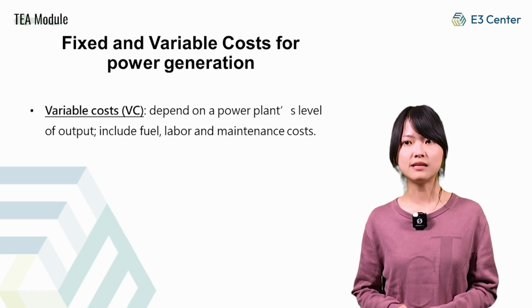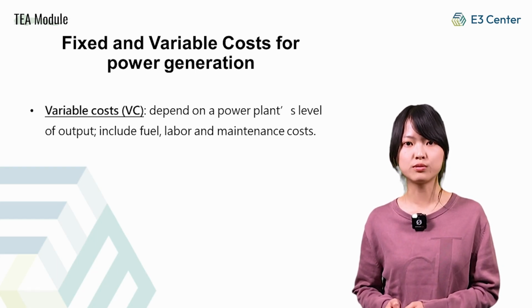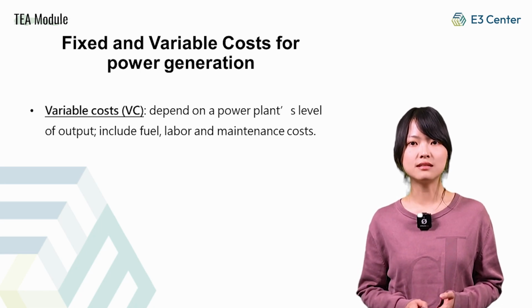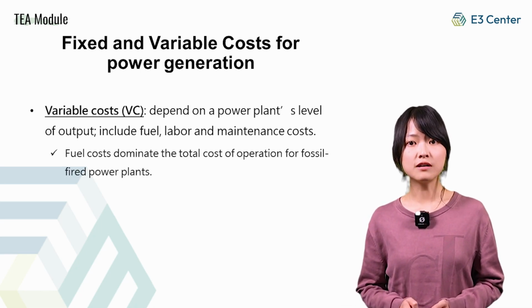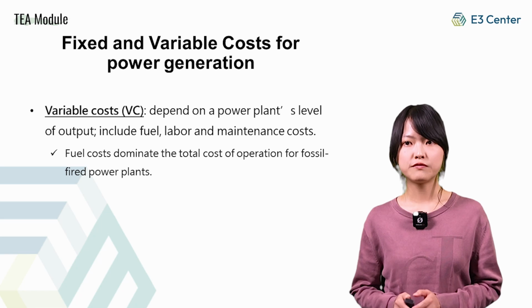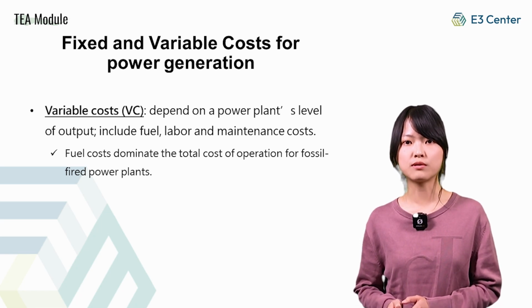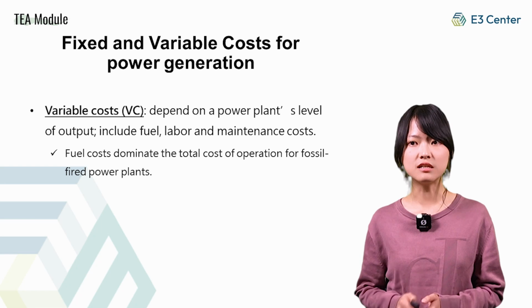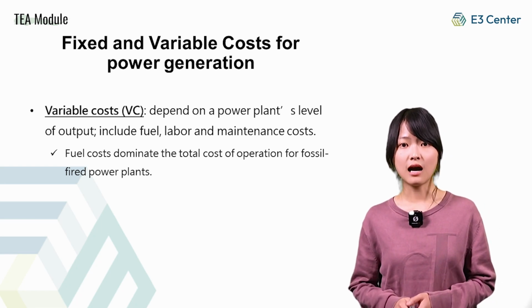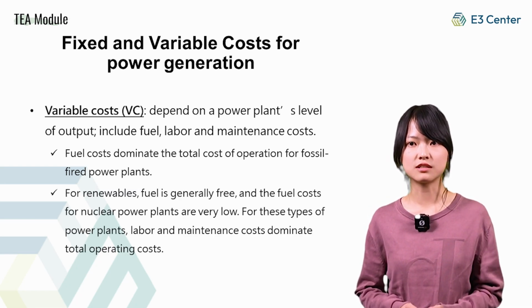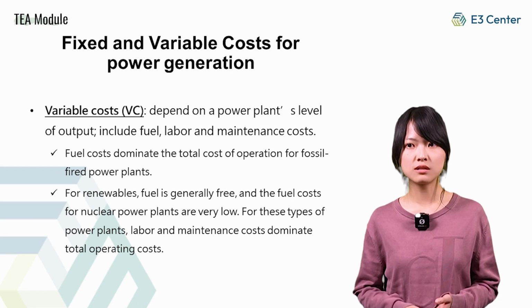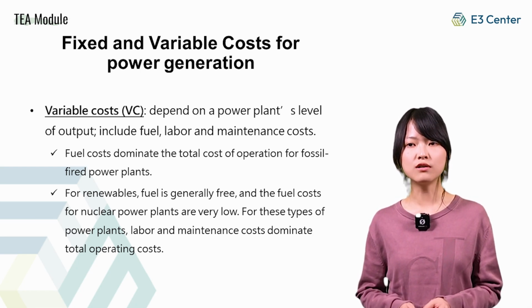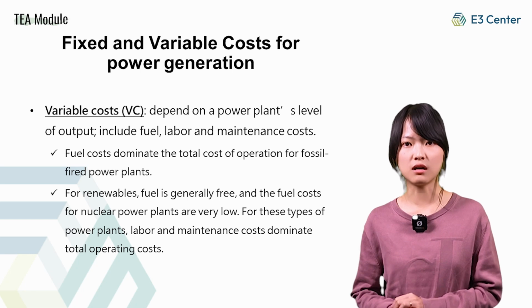Moving on to the variable costs. These costs depend directly on the plant's output level. They include the fuel cost, labor, and the maintenance expenses. For fossil fuel power plants, fuel costs constitute the largest portion of operating cost, given the need for continuous fuel supply. However, in renewable energy systems, like wind or solar, there is no cost for fuel, which shifts the focus to maintenance and the labor cost.